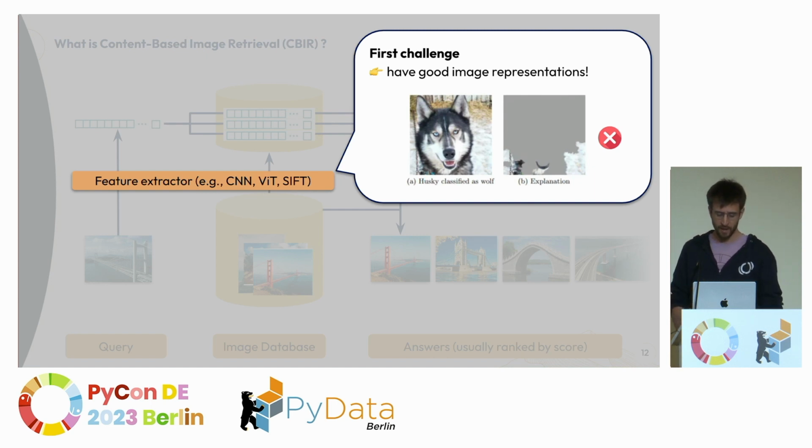And they figured out at some point that even if the performance was quite good, the model was using the snow to classify wolves because there was a bias in the data set. So imagine you have a feature extractor that describes the snow in the representation but not the wolf, and you want to search for wolves in your image database, it will not work.